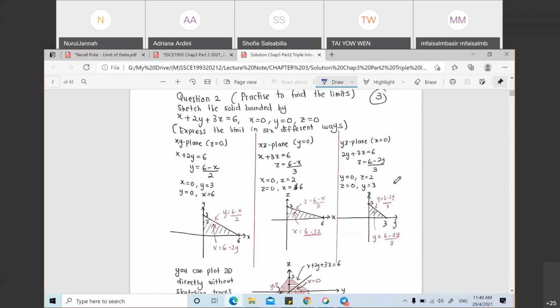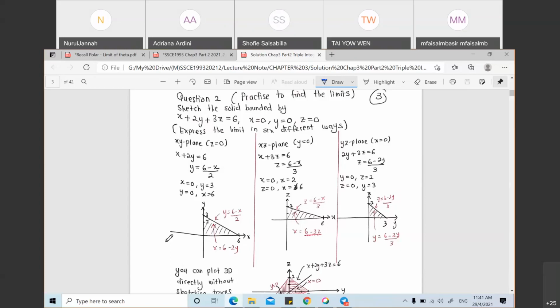Remember, for your test or final, please sketch this, although you already know. Okay? There are marks here. So z is (6 minus 2y) over 3. When y is 0, z equals to 2, when z is 0, y equals to 3.